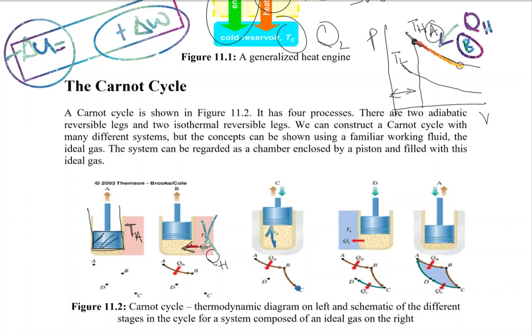So we are moving from A to B. That was the isothermal process, when we are supplying heat from the high temperature reservoir.